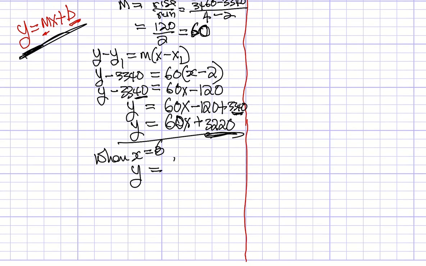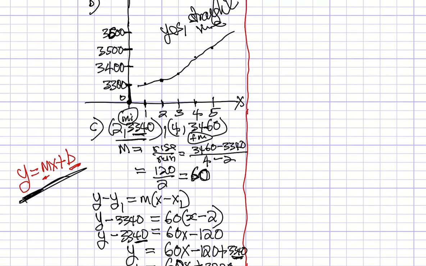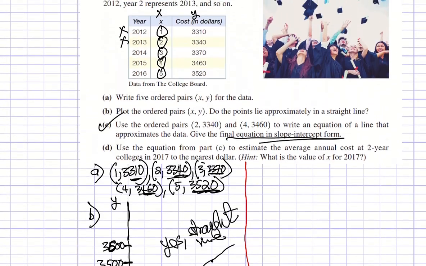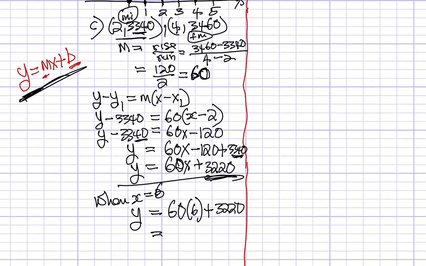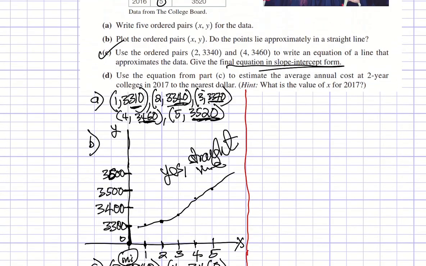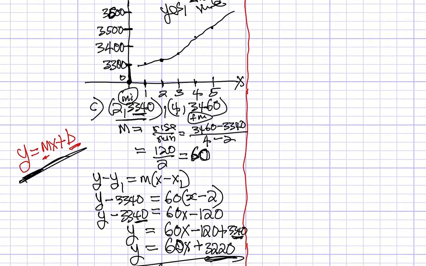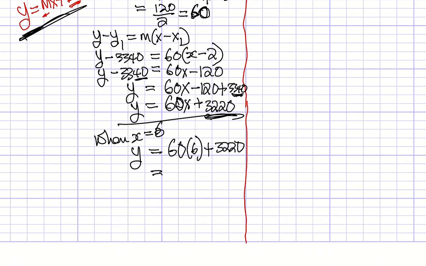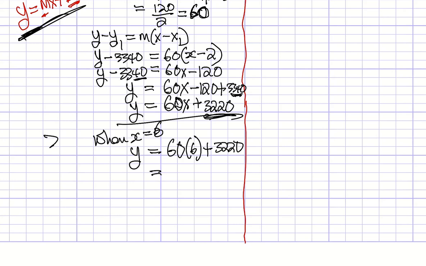Because y is the cost, it will be 60 times 6 plus 3220. Man, I guess we did the problem. That's D, right? Yeah, that's D. So we did all the problem.